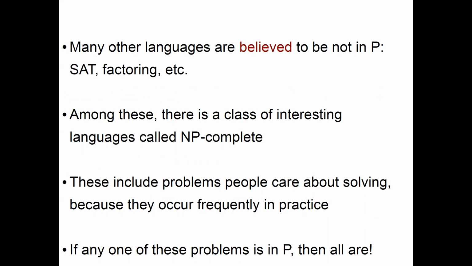However, there are many other languages which are believed to be not in P. For example, the SAT problem, which we're going to define soon, the factoring integers problem, and so on.